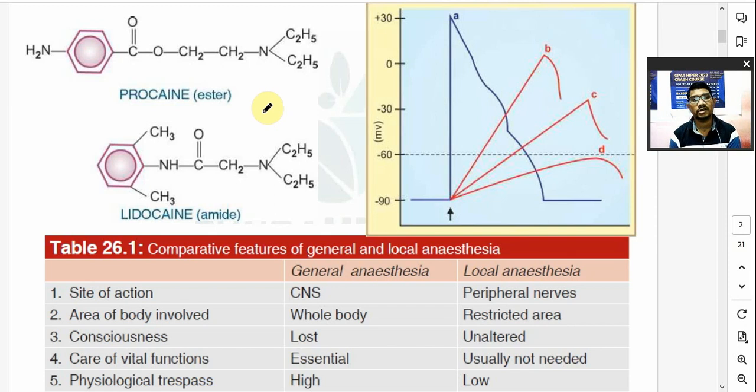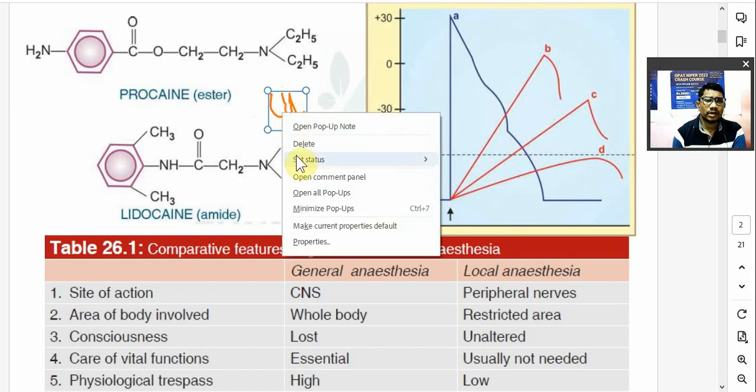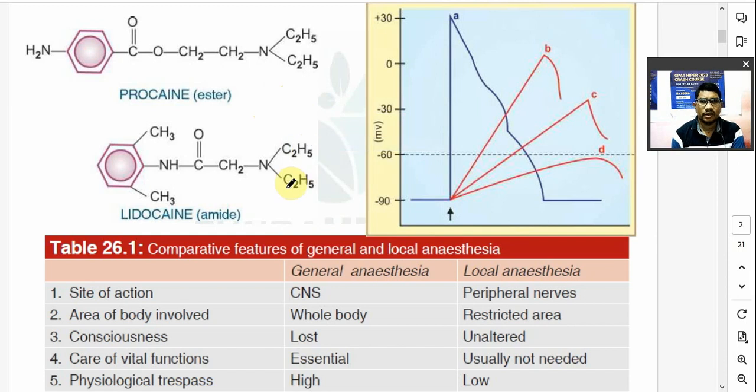But local anesthetics are the drugs which minimize or abolish all kinds of pain sensation, but they will not cause a loss of consciousness, and they are applied on a local, particular surface area.